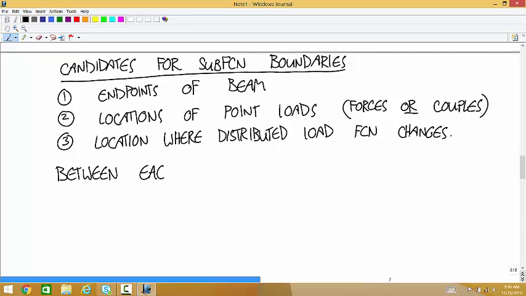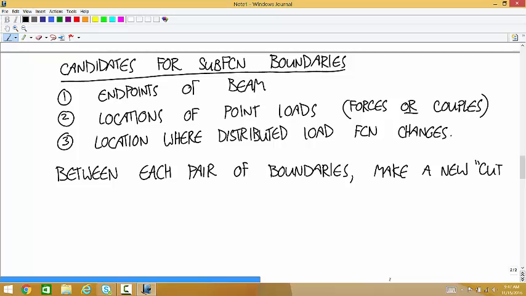Between each pair of candidates, actually let me call them boundaries, make a new cut. And what I mean by that is draw a new free body diagram and use Newton's laws.